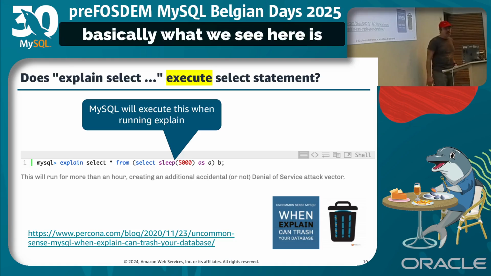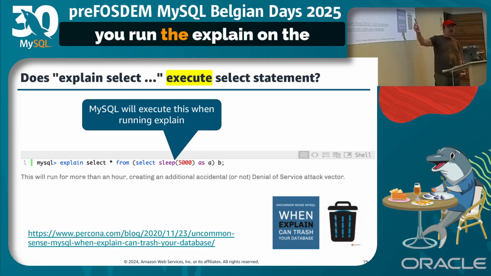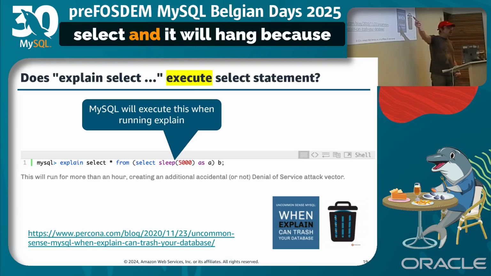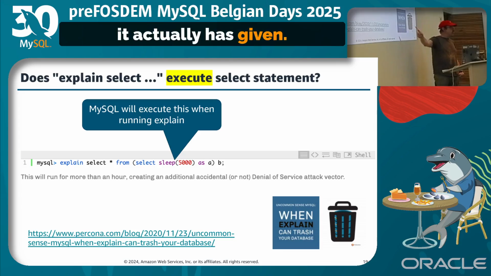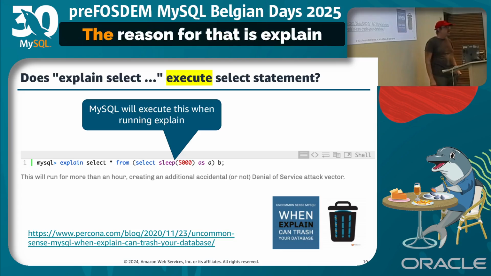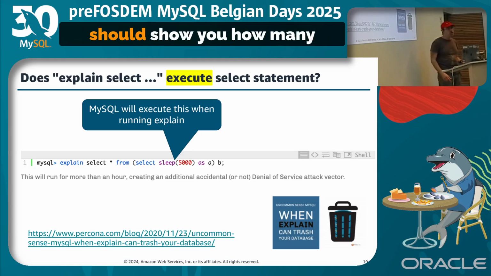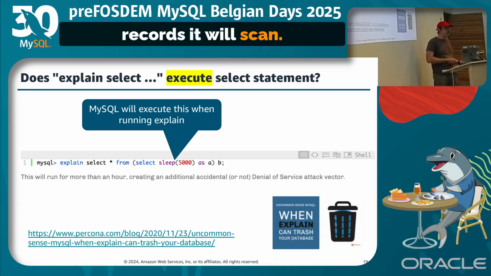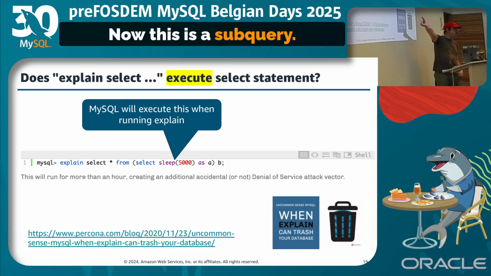So basically, what we see here is you run the explain on the select, and it will hang because it is actually executing the query. Why is that? The reason is that explain should show you how many records it will scan. Now, this is a subquery.